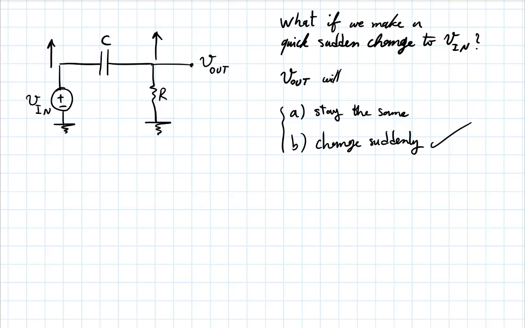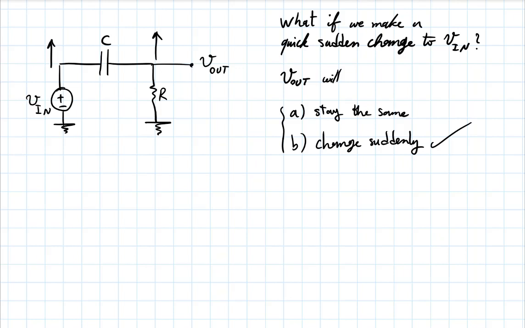Imagine I change V in very suddenly, and we just argued that then V out will have to change accordingly suddenly. But if I then wait enough time, what will eventually happen to V out? It will go back to 0, right? DC steady state, right? Because the capacitor will charge. What is the time constant that determines how fast V out will go back to its steady state?